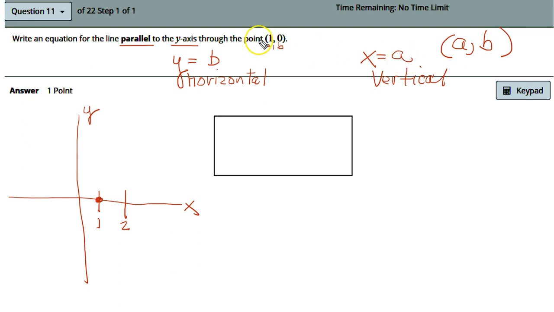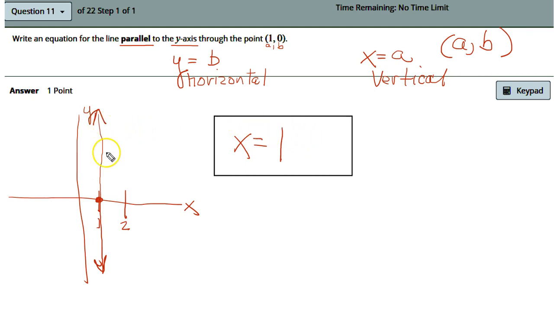And what point from our ordered pair do we use? Well, we use our a value. So the equation would be x equals 1. Now, if you'd like, you could sketch a line in here. The equation of this line right here is x equals 1.